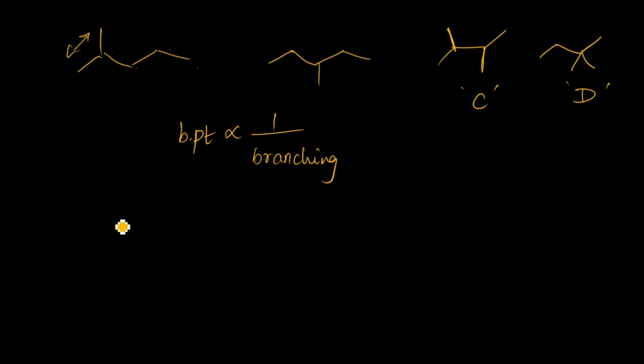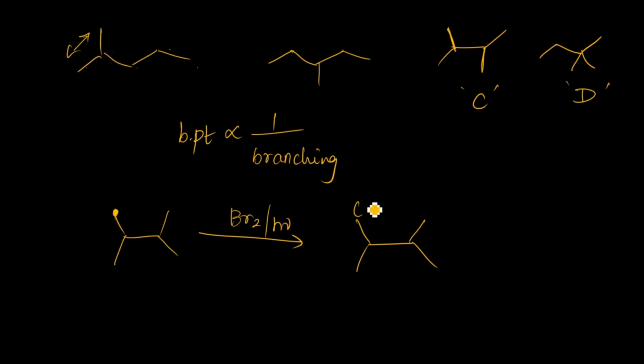So C, upon monobromination, what will I get? Let's say the bromination happens on this CH3. So CH2Br is one of my products. In that case, you can see this particular carbon becomes chiral, isn't it?